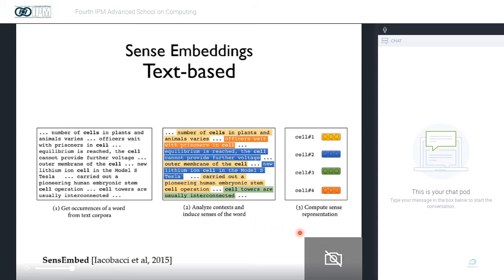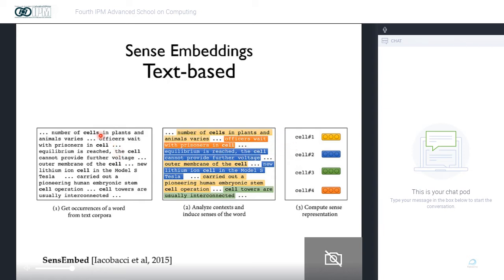Again, there is a large literature on this with lots of techniques. I'm just going to briefly say the idea, the concept behind the two types of sense embeddings we have. One type is text-based, in which you try to see the occurrences of a word in a text and try to cluster the different usages of a word according to the context, and then learn different sense representations for each cluster.